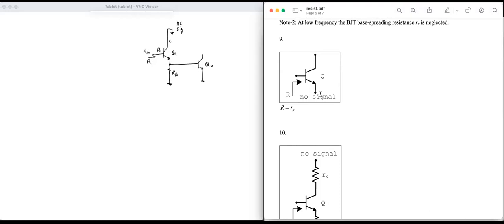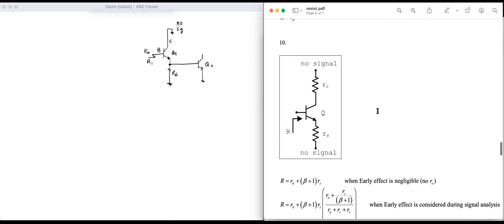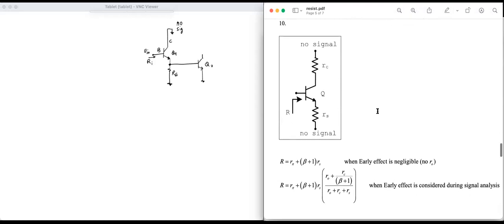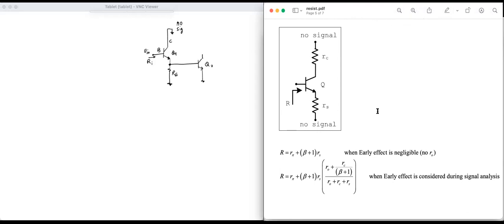I have RE and Q2. No, next. Or maybe this one. Yeah, so when there's a small RS between the emitter and no signal, then I can use these formulas. Now this is a scary formula when there is early effect.